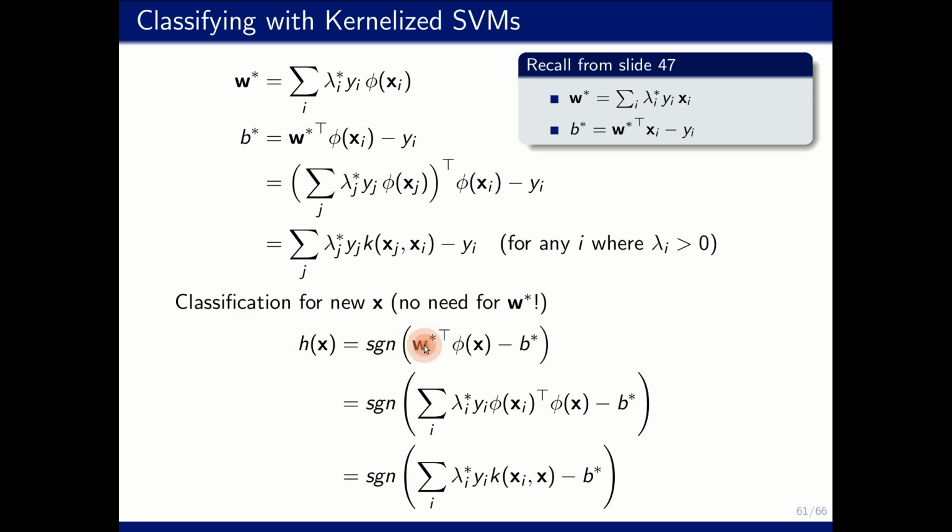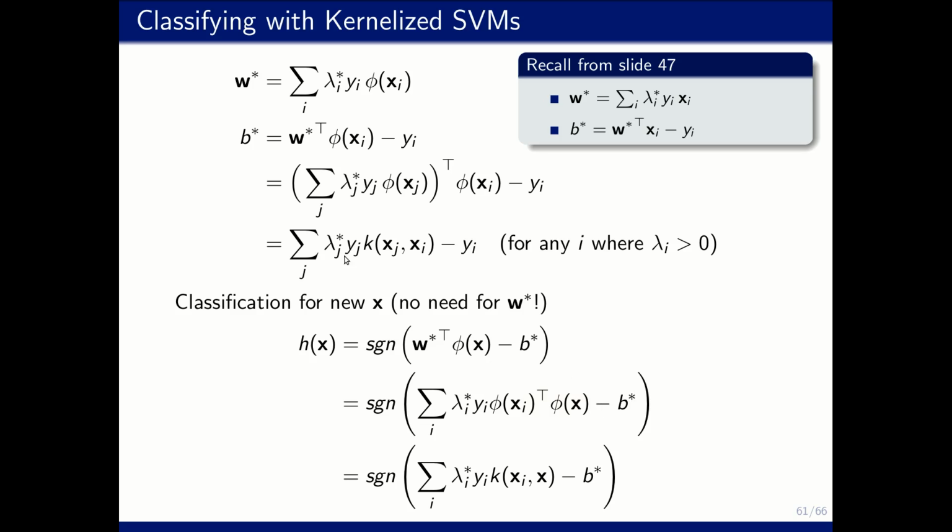So this optimal W times our phi of x, so x goes into our feature transformer, minus B star. Again, if we take W and plug this in here, we get this sum here, expressing W times phi x, where this is our new data point we want to classify, minus B.